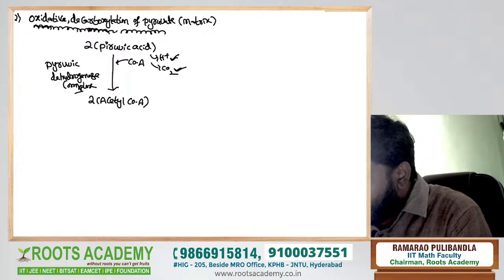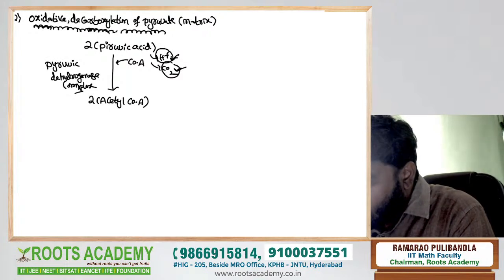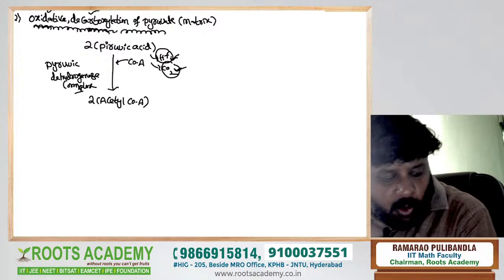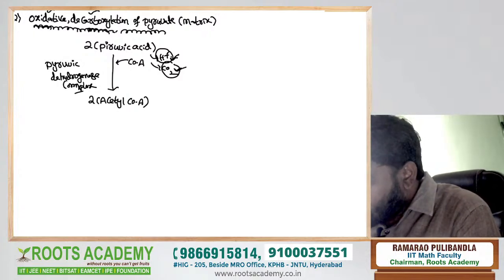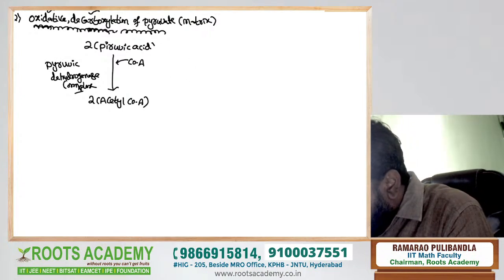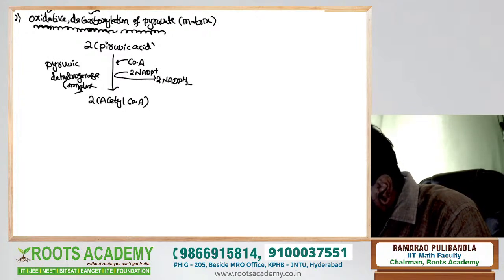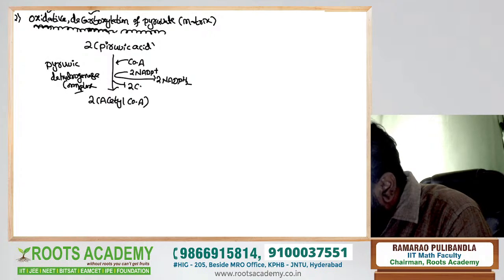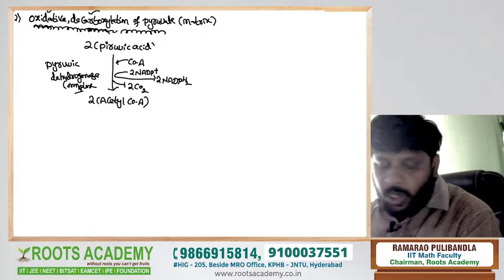See, what has been removed now? Hydrogens have been removed, CO2 has been removed. Since hydrogen is removed it is oxidation, since CO2 is removed it is decarboxylation. Listen, these removed hydrogens are accepted by NAD plus. 2 NAD plus is converted into 2 NADH2. And how many CO2s are removed? 2 CO2 removed. 1 CO2 from 1 pyruvic acid, so 2 CO2 from 2 pyruvic acid.